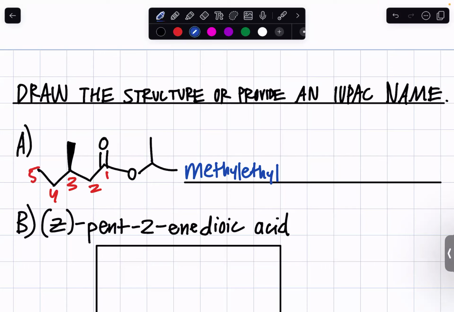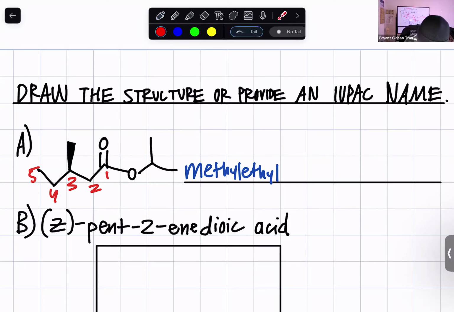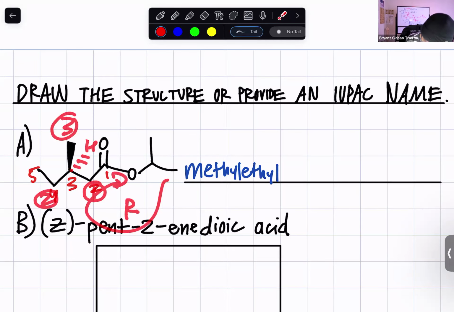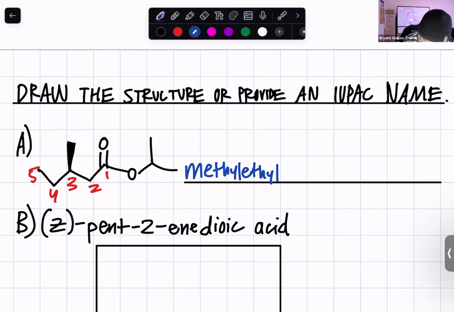And then there's also stereochem, which is R. It is R because when we do the highest priority, 1, 2, 3, that's going clockwise, and we keep it like that because the lowest priority group is on the backside. Dang, your 118A skills are still there. That's good. So that's going to be R, 3 methyl, pentanoate.